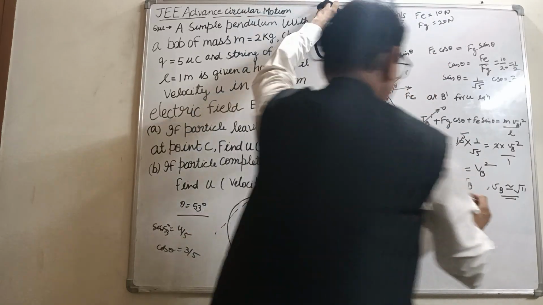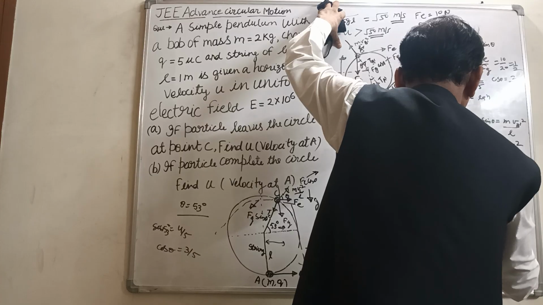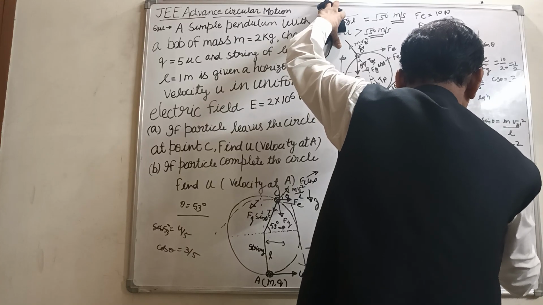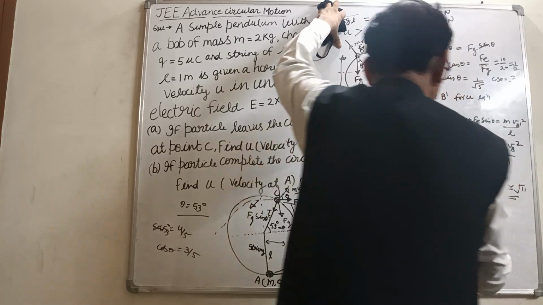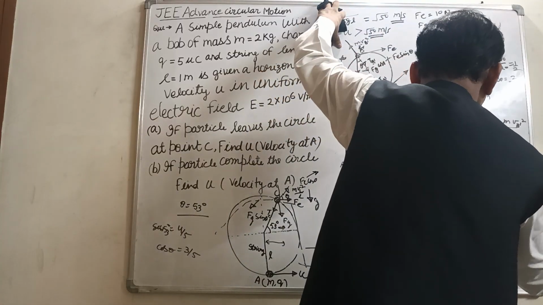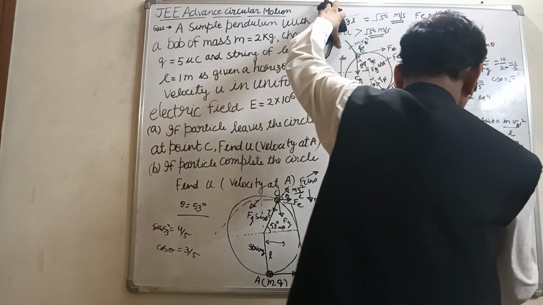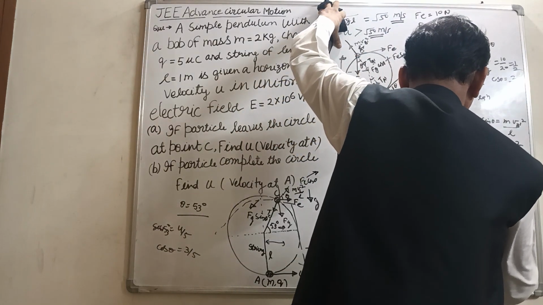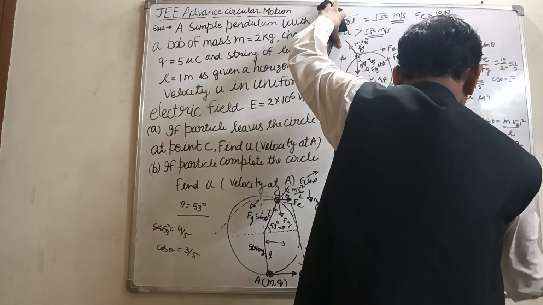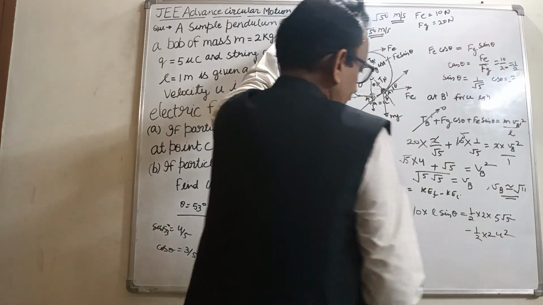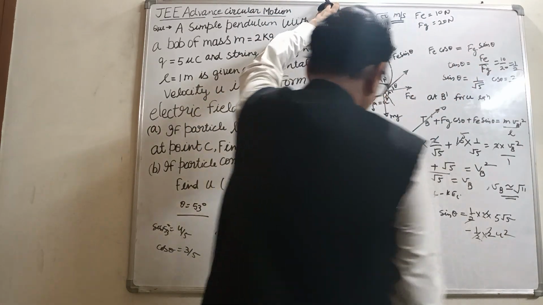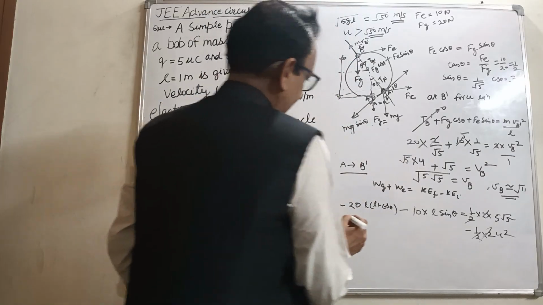Kinetic energy final is half m, m is 2, and u square. Sorry, this is under root 5 root 5, so this becomes 5 root 5 on squaring. So this becomes minus 2 and u square. We have to find the value of u square here. 2 cancels out.